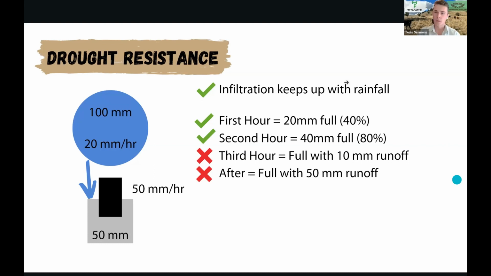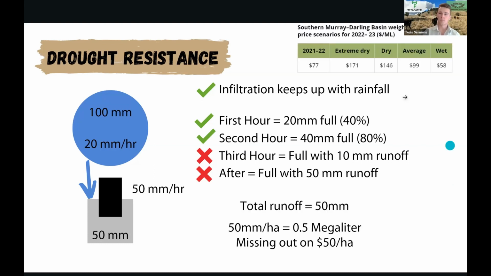If we apply the same logic that we did previously in calculating what value that water's worth, we're going to miss out on 50 mils a hectare or 0.5 megs, which means we're going to miss out on $50 a hectare.